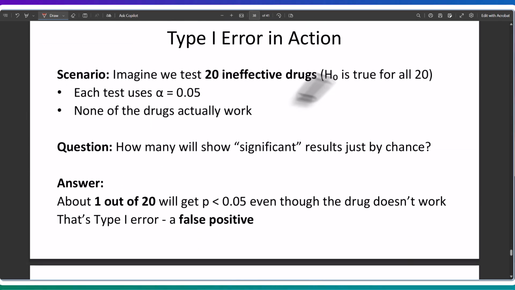So let's imagine this. Let's say we had 20 ineffective drugs, okay? So literally, you are a researcher and you're just trying to mess with people. You dispense 20 ineffective drugs.